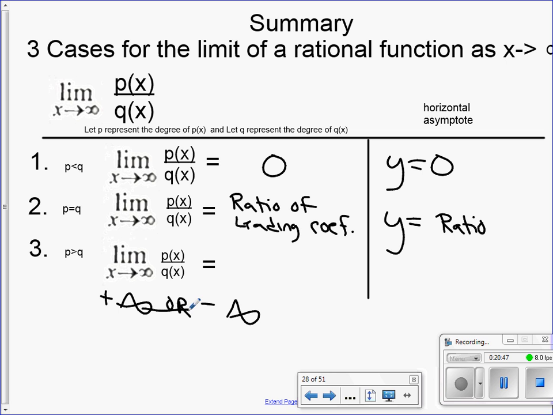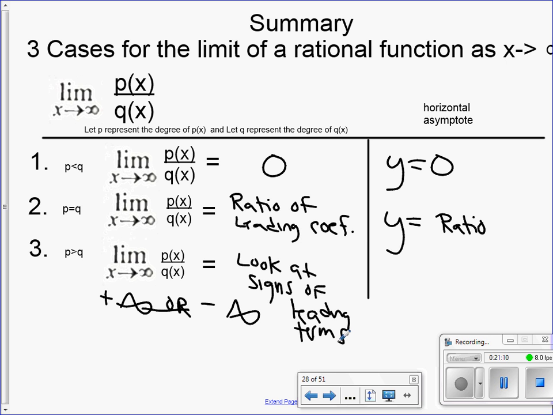Signs of the leading terms. So you're going to look at the signs of the leading terms to tell which one it will be. So it will always be positive infinity or negative infinity.